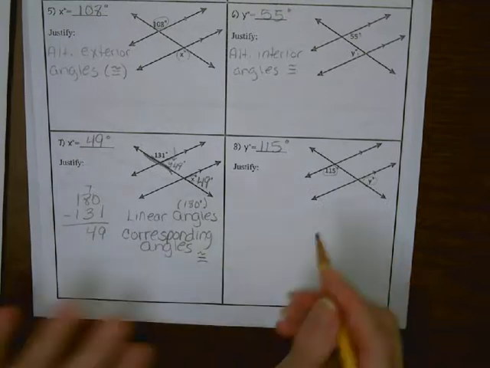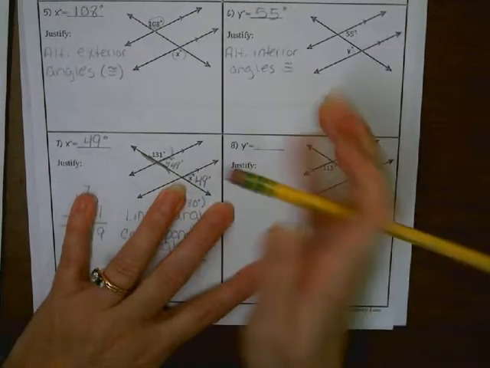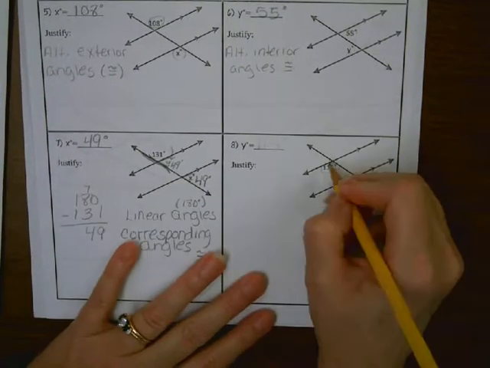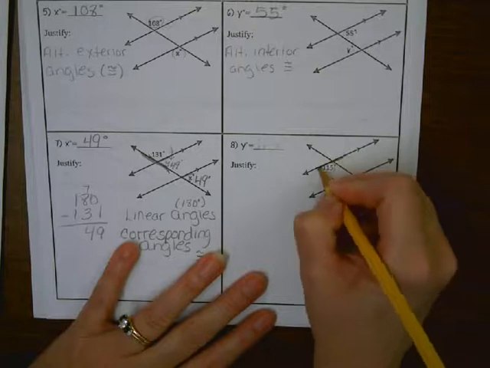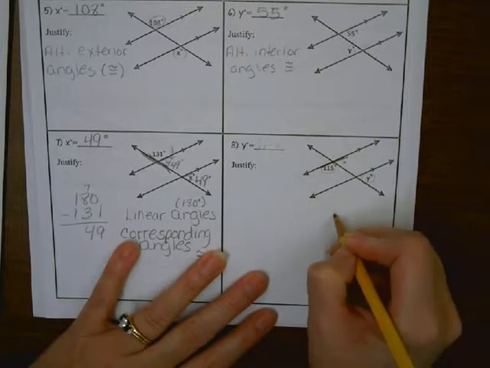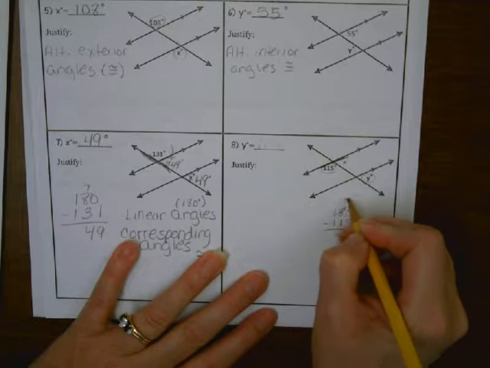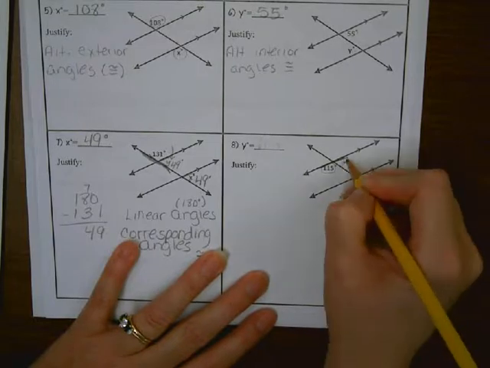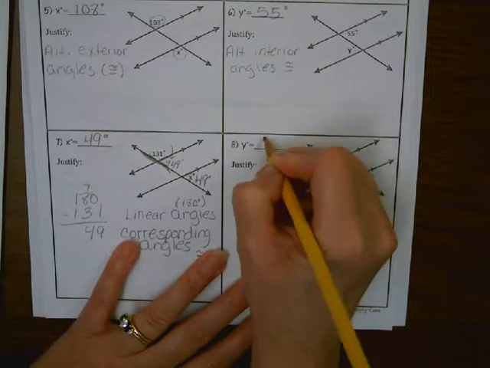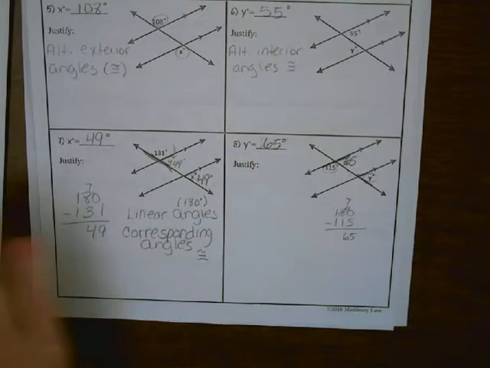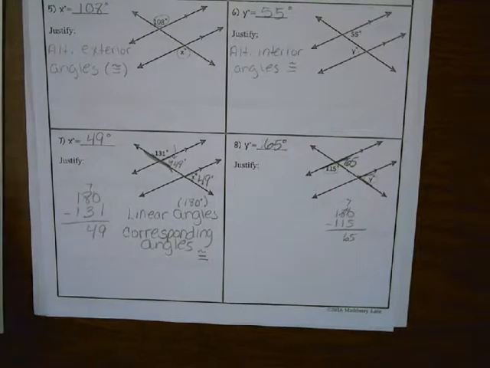Let's cross this one out. I'll have to go back. Oh no, I can do this one. Hold on. Okay, so this one is going to be 180 minus 115. So this one is 65 degrees. Corresponding angle, 65 degrees. There we go. Much better.